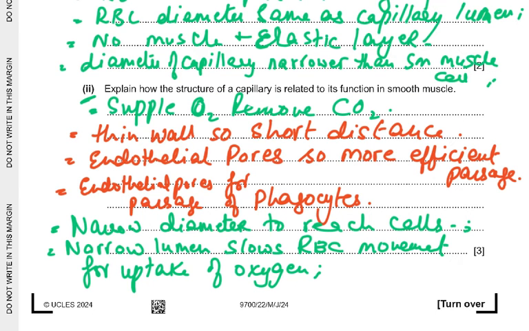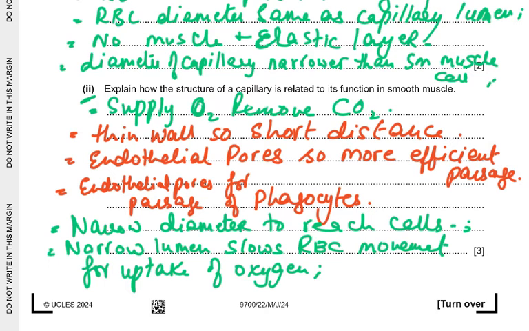So there are a lot of mark scheme points for you to answer this question. There are about 1, 2, 3, 4, 5, 6 points. So: supply oxygen, remove carbon dioxide.